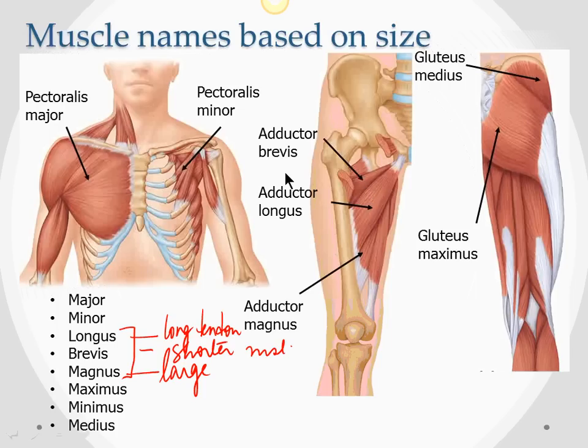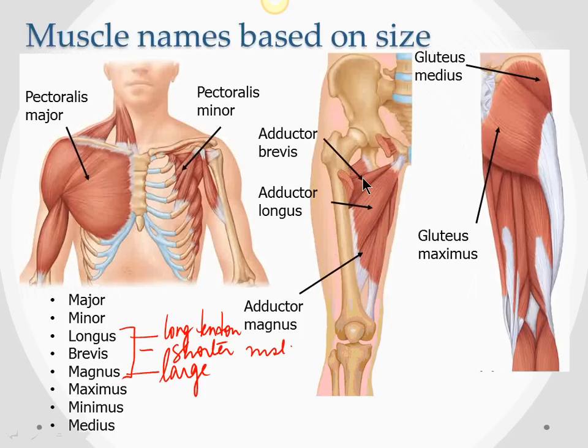And this will help you in the lab: always look to see where the muscles are attached. Can you see all of these muscles are attached here to the pubic bone, and they're all going towards the femur, right? They're inserting on the femur. So which joint will they act on? Hip joint or knee joint? Hip joint, right? They cross the hip joint.